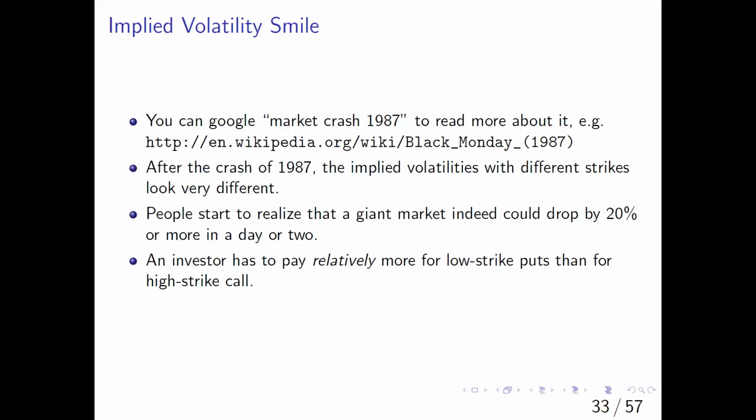The Dow Jones was down 22% within a day, and several days in a row, right? So everybody wanted to buy insurance because people suddenly realized that it's not rare that the market crashes.